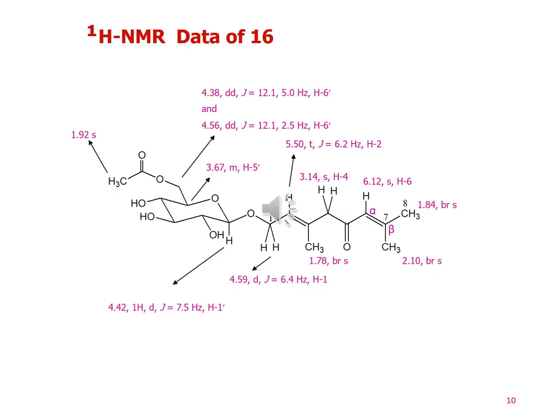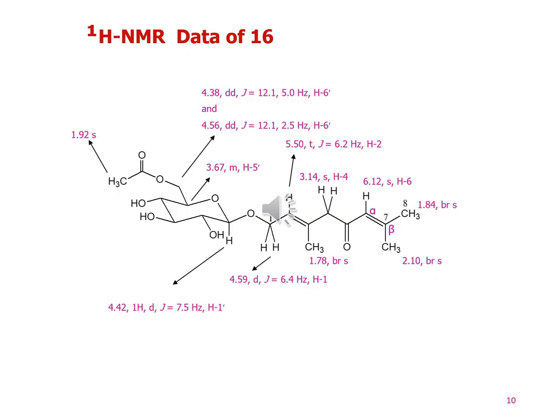10. The presence of an acylated hexose moiety could be inferred by the proton NMR, that is the anomeric proton at δ 4.42, one proton doublet, J value 7.5 Hz, which is proton 1 prime.